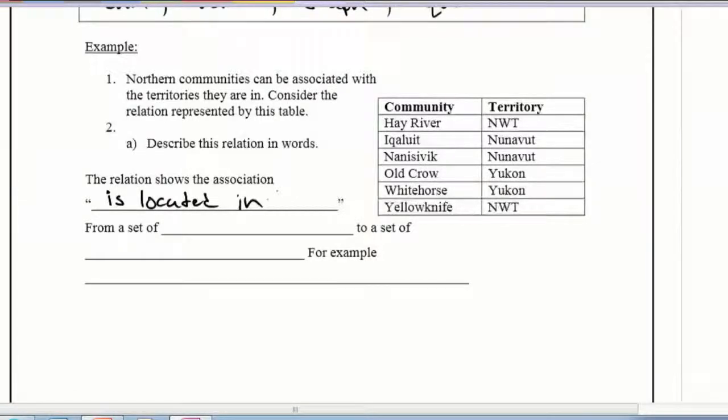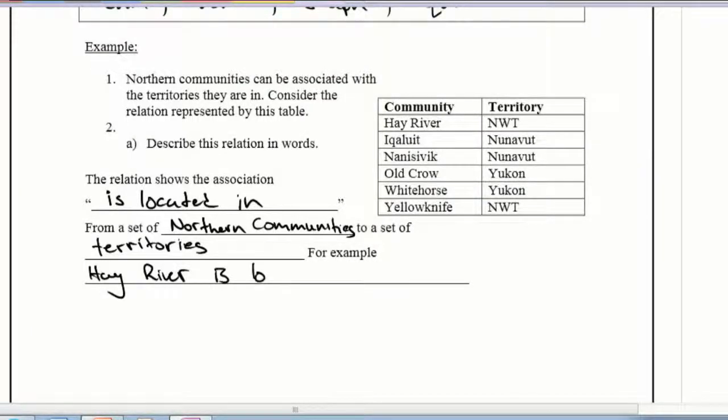So from a set of northern communities to a set of territories, for example, the first one that I said, Hay River is located in the Northwest Territories.